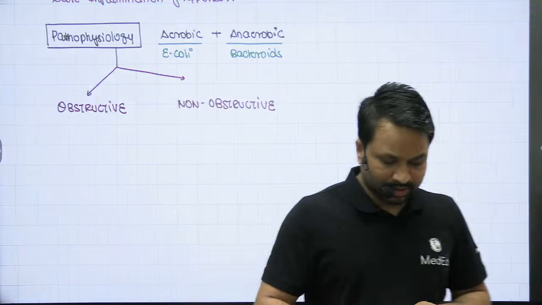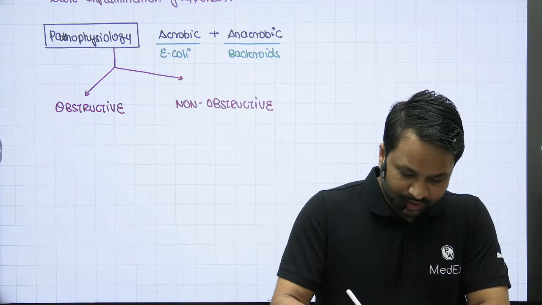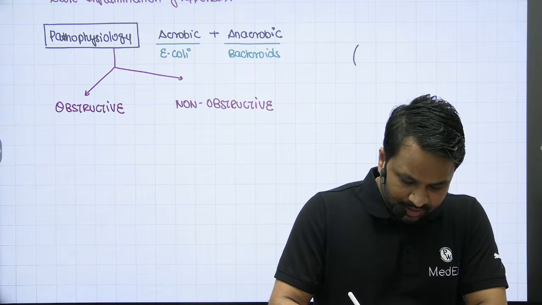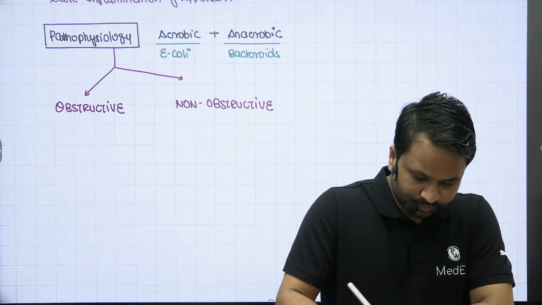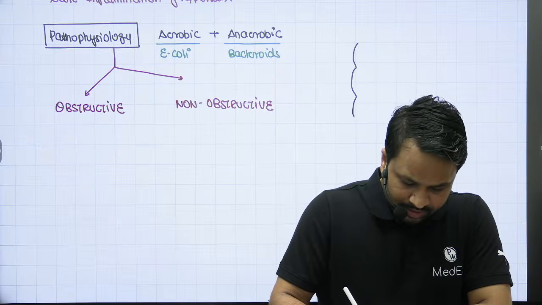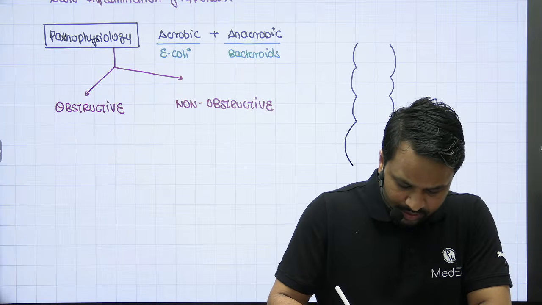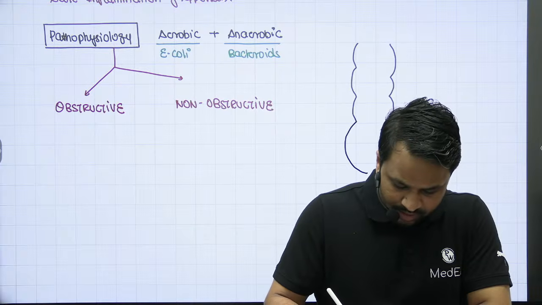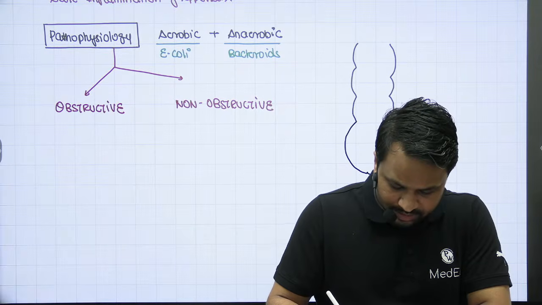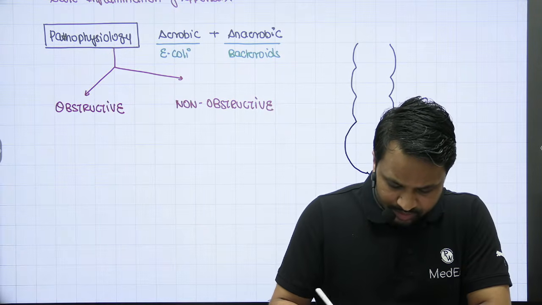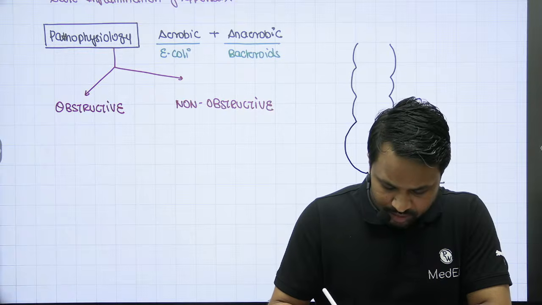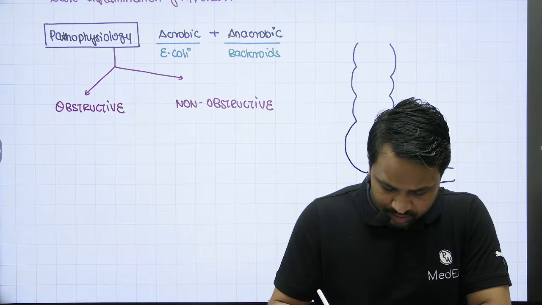appendix. In simple context, let's say this is the representation of the ascending colon that you have. This is where you have the cecum, and at the junction between the cecum and the terminal ileum, you have the appendix, and this is your terminal ileum, right?